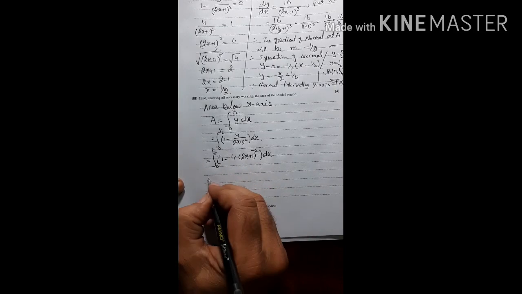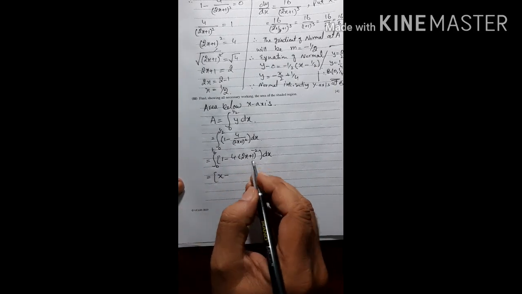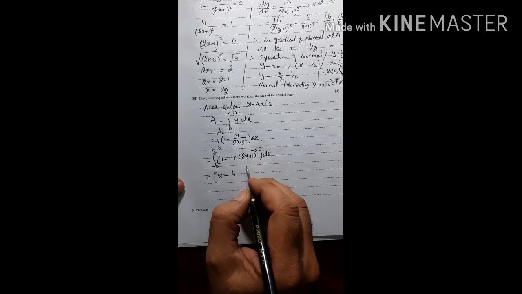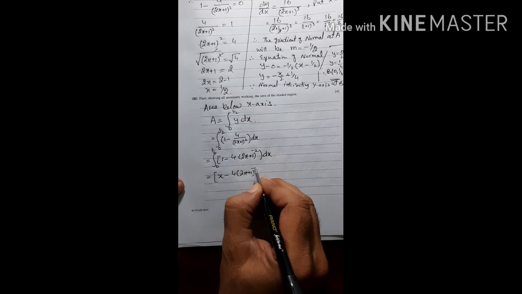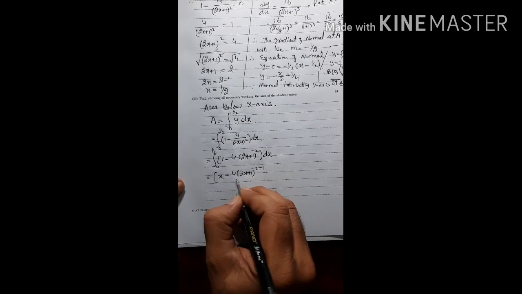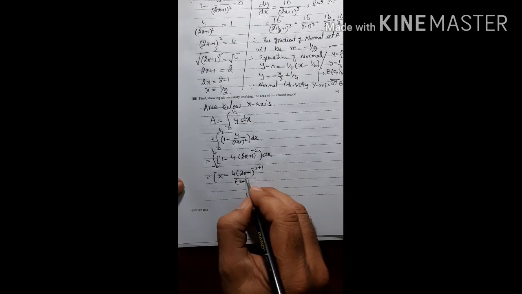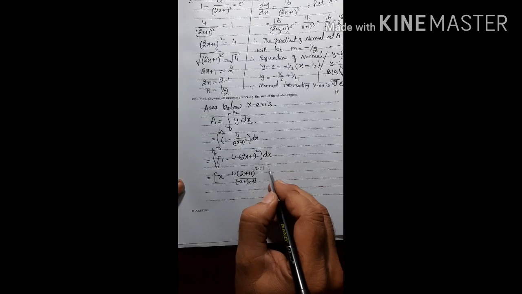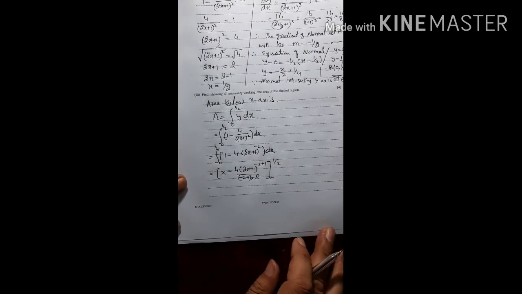The integration of 1 is x, and the integration of this 4 (2x plus 1) to the power minus 2 is (2x plus 1) to the power minus 2 plus 1 over minus 2 plus 1 into the derivative of the inner function, which is 2.